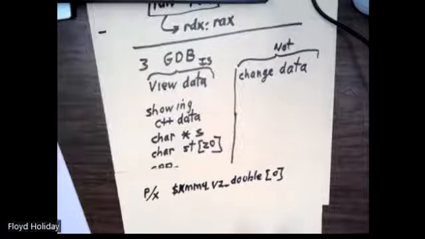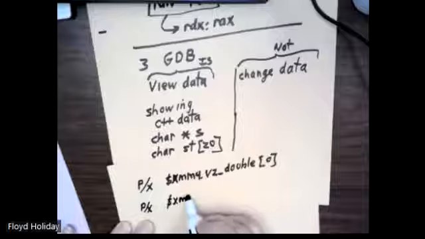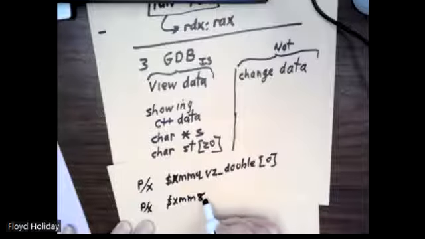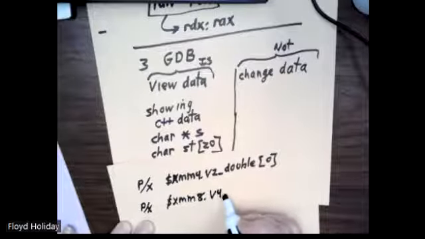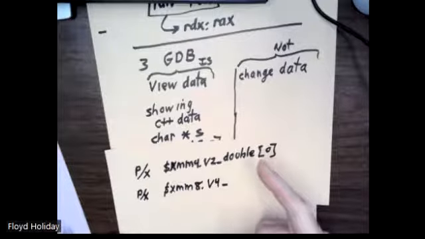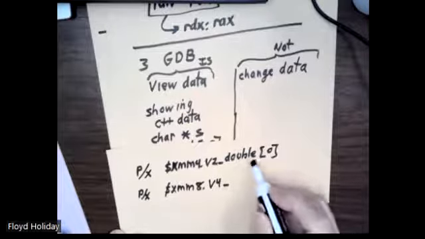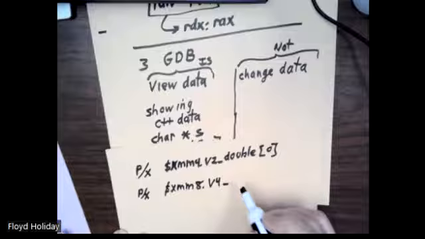Some people look at it as splitting it in four. And that would be p/x and register name, v4_, double means 64 bits, so this has to be 32 bits.